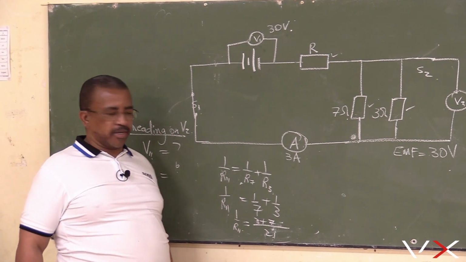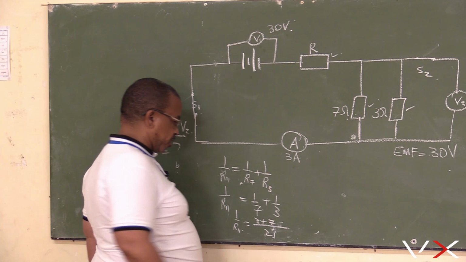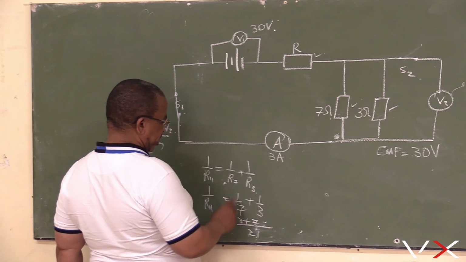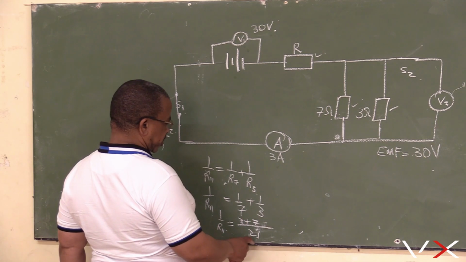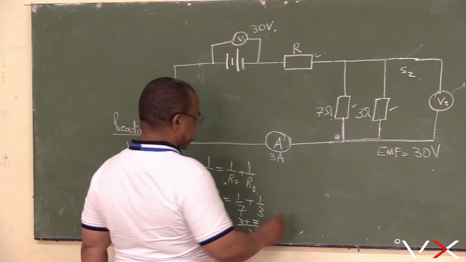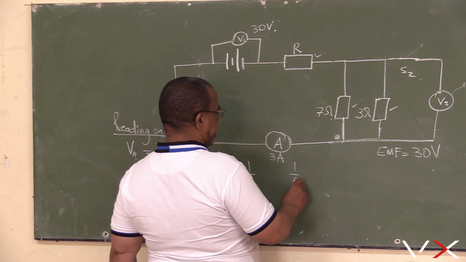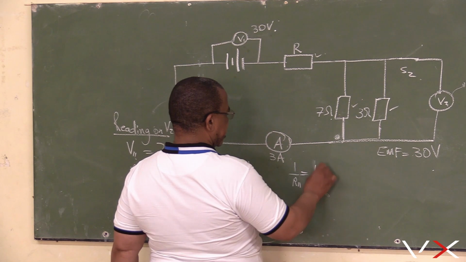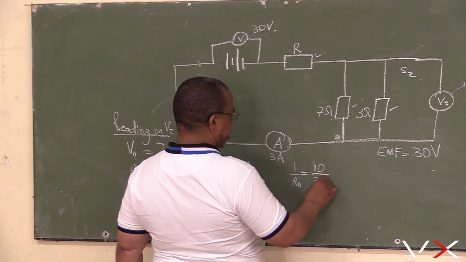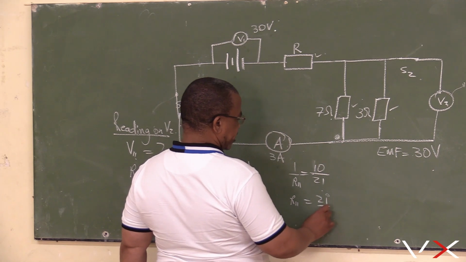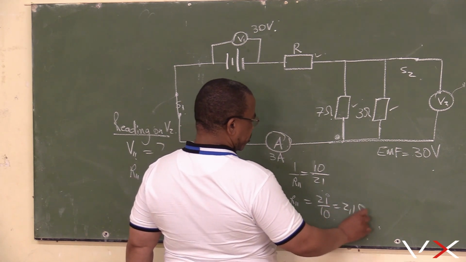Njengoba kade ngikhombisa, u-7 uyakangaki ku-21 uyaka 3 times 1, 3, u-3 yakangaki ku-21 uyaka 7 times 1, 7. So 1 over R parallel is equals to 1 over 10 over 21. So R parallel is 21 over 10, which is 2,1 ohm.